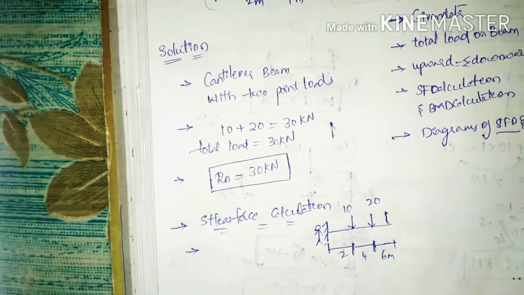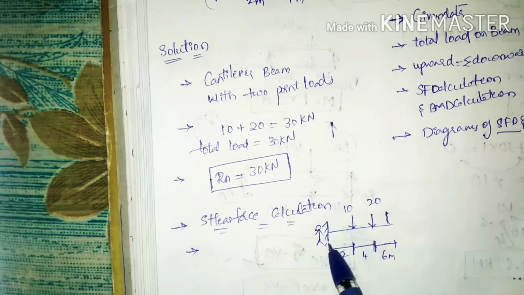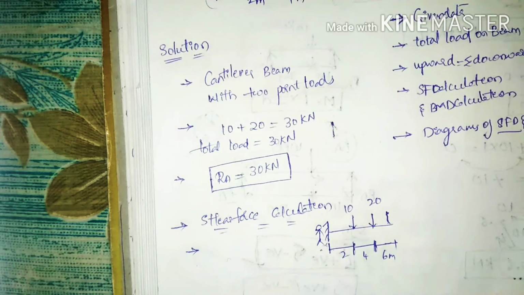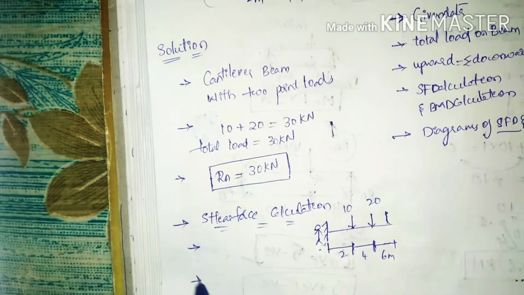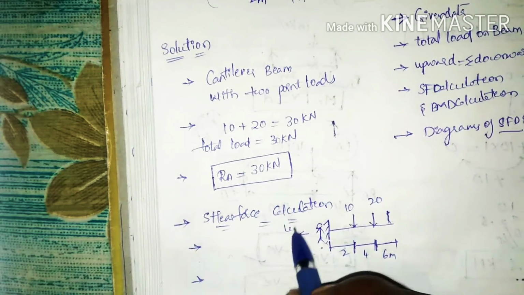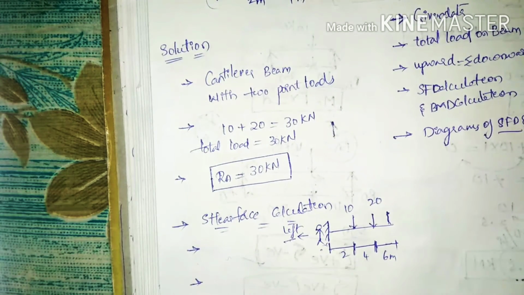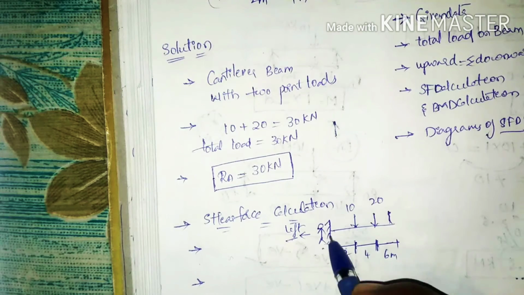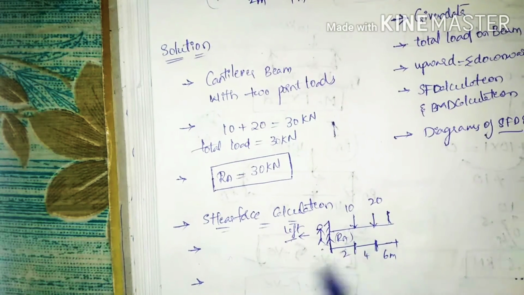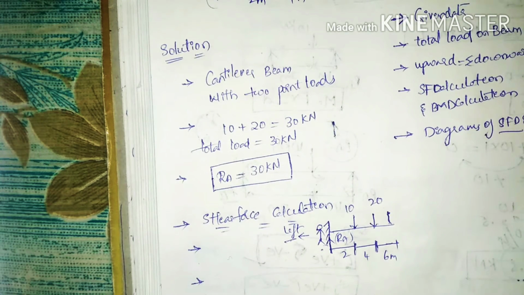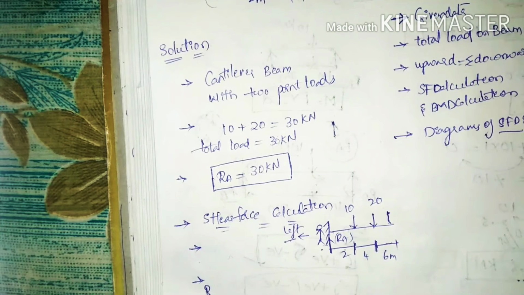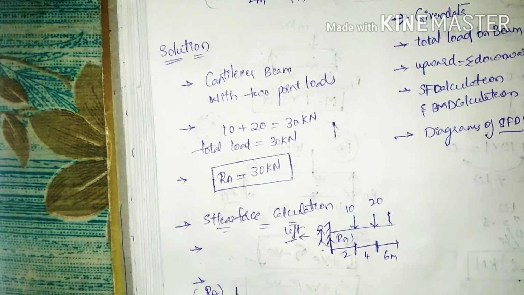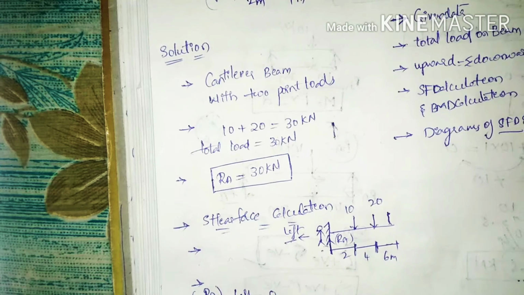If I am going to stand beside the RA, looking at the left side, standing at the left of RA, we don't find any type of forces. That is, at RA, left is equal to 0.